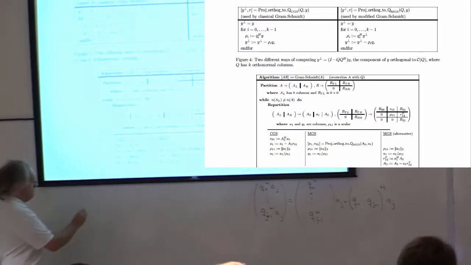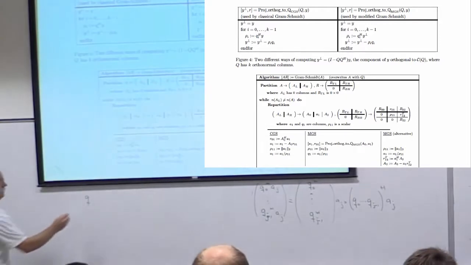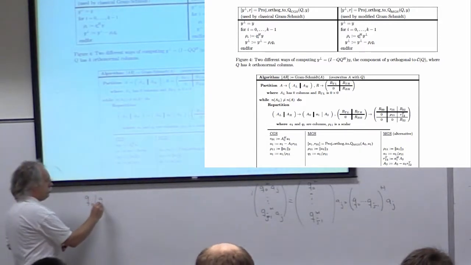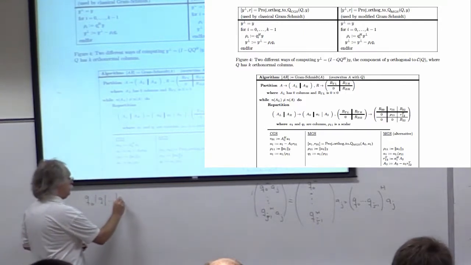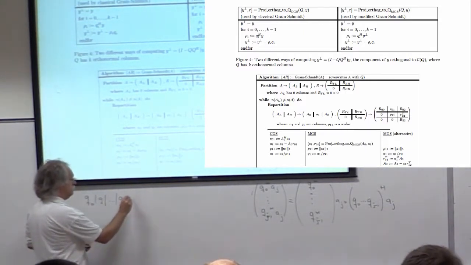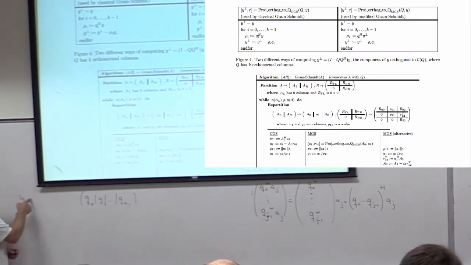What do we really have? We have a bunch of vectors Q0, Q1, through, in that case, Qk minus 1. And we're given a new vector y, and what we would like to do is compute the part perpendicular to those vectors.